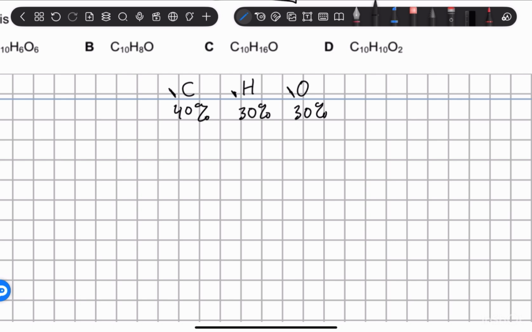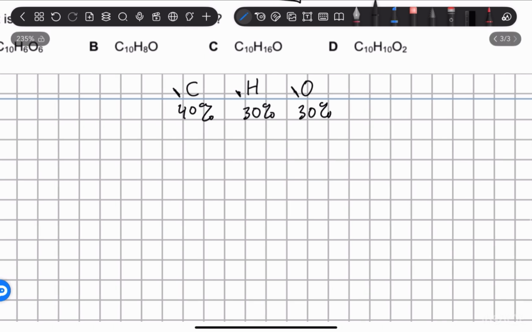What you would do, first of all, is assume that the compound is 100 grams, because if you have these percentages, you're going to assume that these percentages are out of 100.